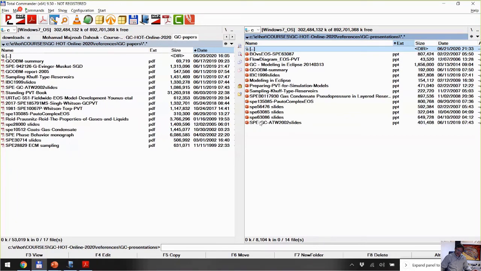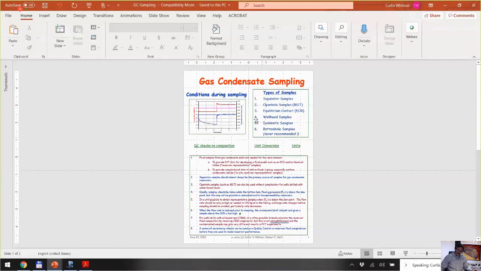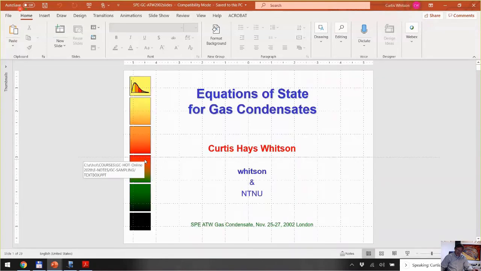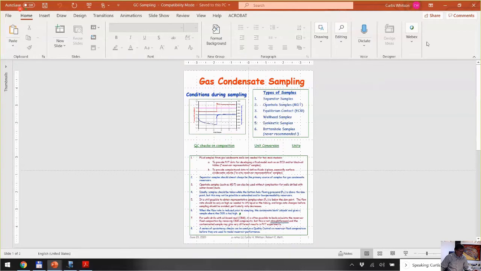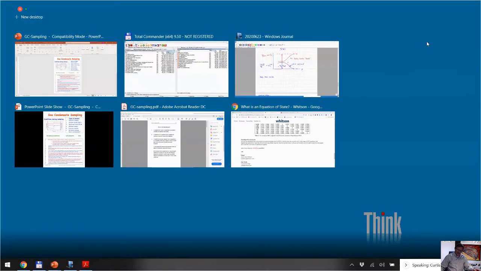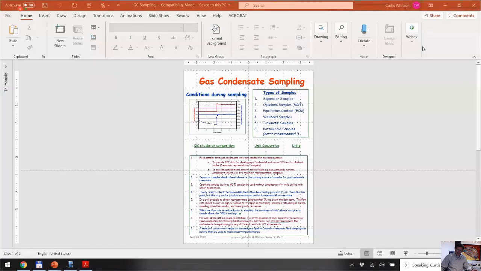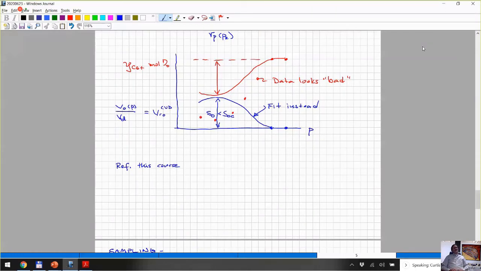This one here, this was an ATW, so there wasn't a paper associated with it, but this was kind of specific for gas condensates. That's not a paper though.